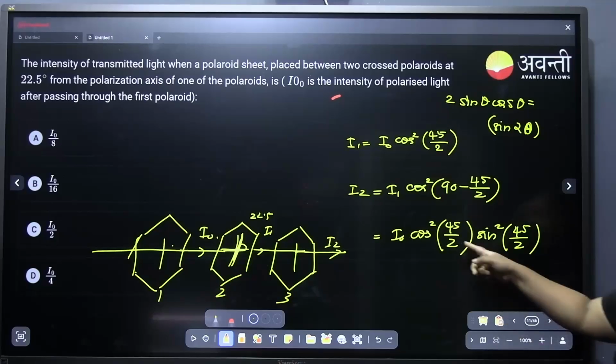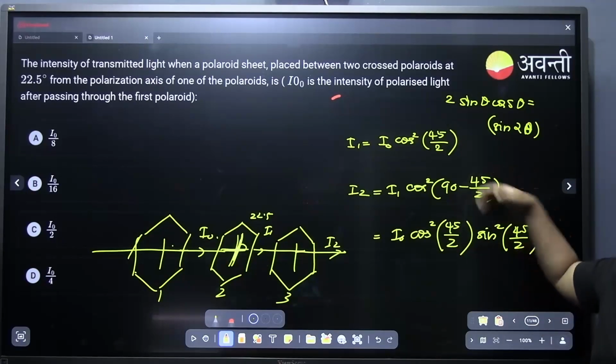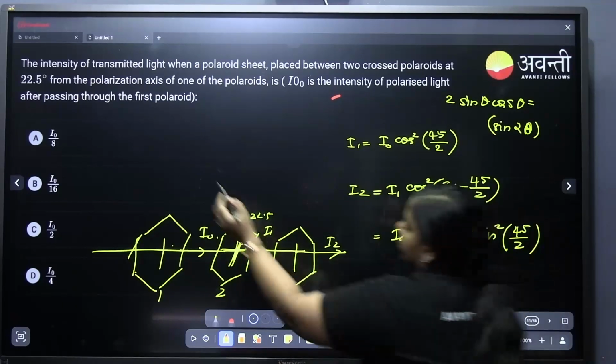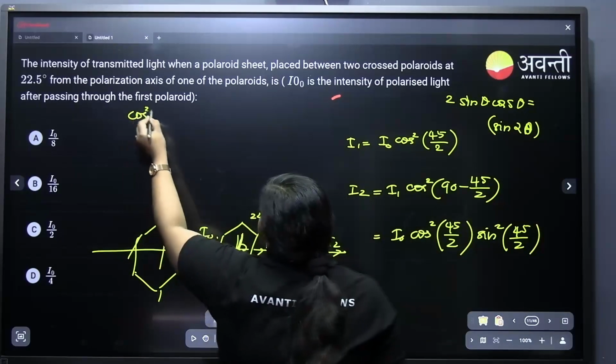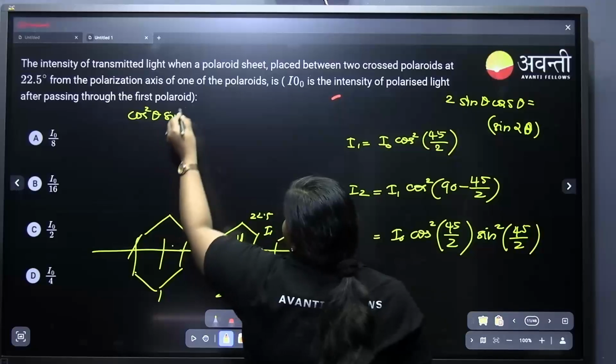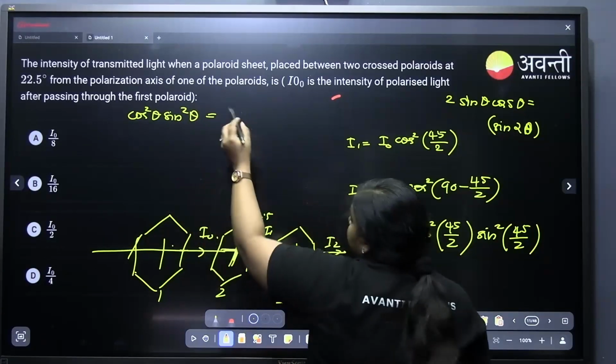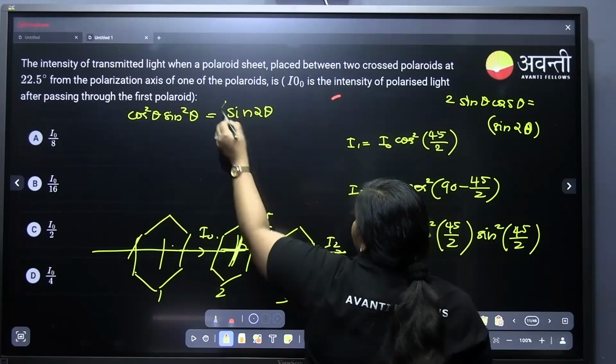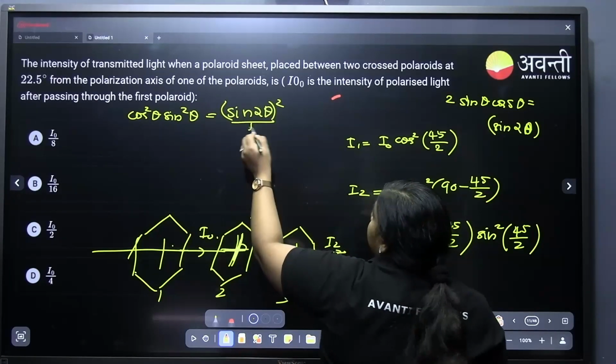So this we can write as I naught by 4 times sin square 2 theta, since sin square theta cos square theta is sin 2 theta whole square divided by 4.